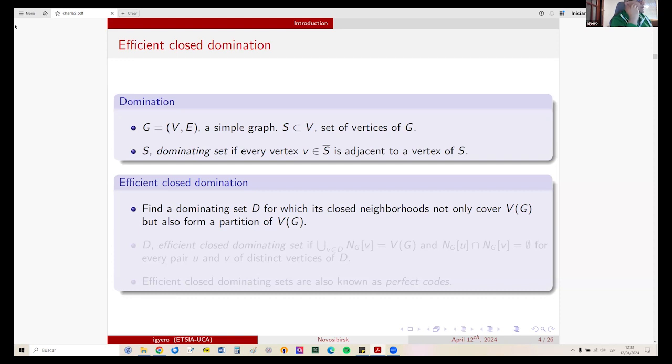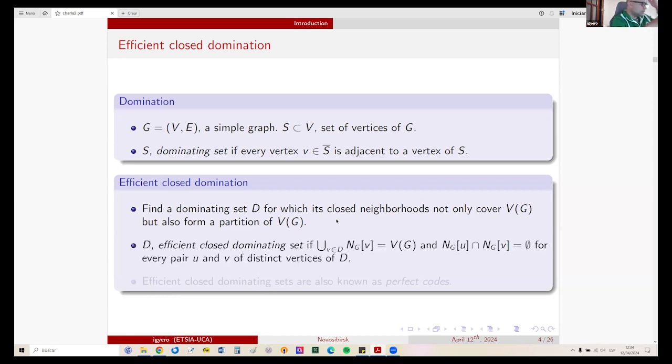But one particular case is when we have a dominating set for which the closed neighborhoods of its vertices not only cover the vertices of the graph, but also form a partition of the vertex set of the graph. It means that every vertex outside of the dominating set has exactly one neighbor inside of the set. In this way, I can partition the vertices with the centers being precisely the vertices in the dominating set.